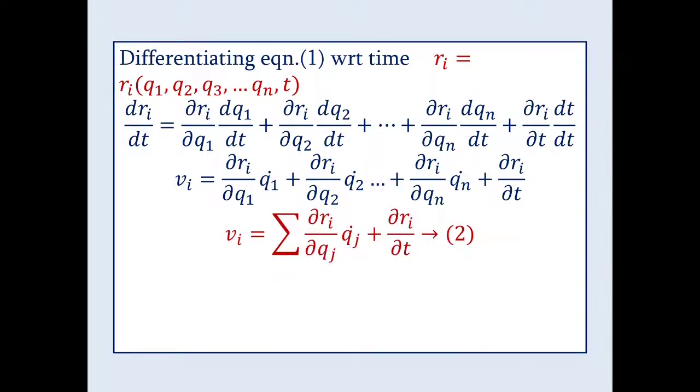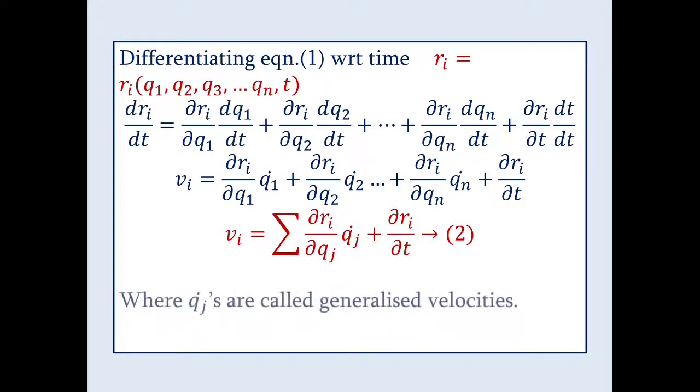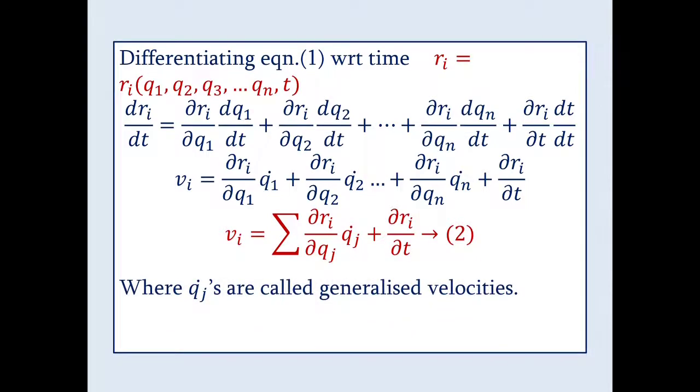So using summation, we can write the velocity Vi equal to the sum over j of dou Ri by dou qj into qj dot plus dou Ri by dou t, where j runs from 1 to n. Let us take this as equation number 2. Here the qj dots are nothing but the generalized velocities.